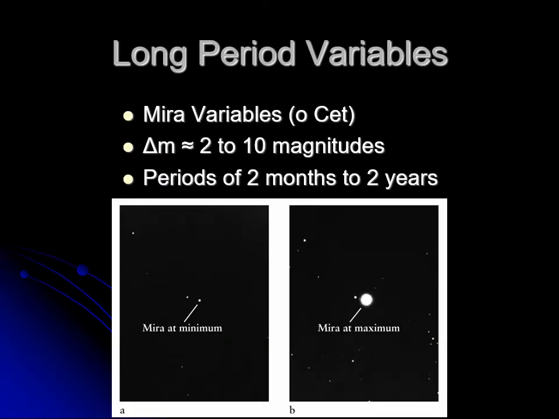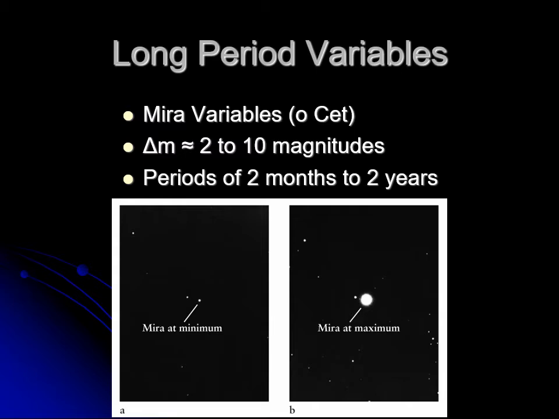There's also long period variables. Mira, Omicron Ceti, is a long period variable. And they vary between 2 and 10 magnitudes, and they can take between 2 months and 2 years to do this. Mira itself is a little bit under a year in terms of its variation, and it varies by quite a bit.